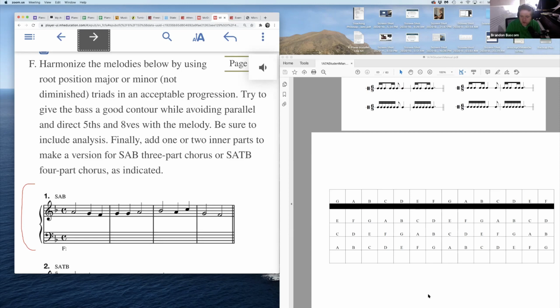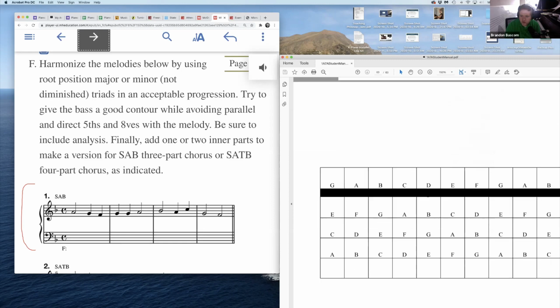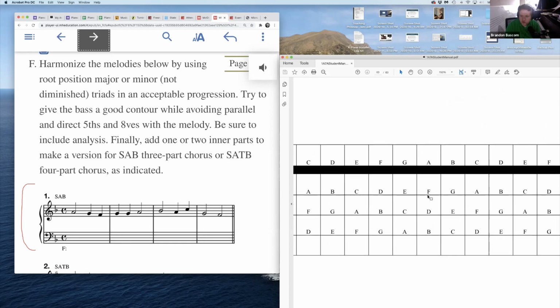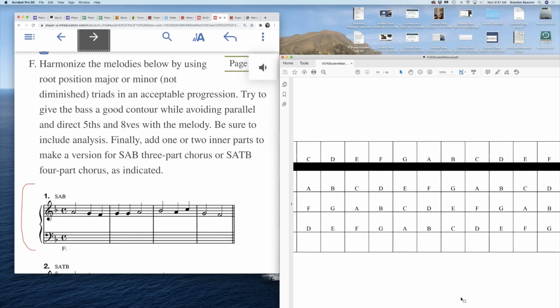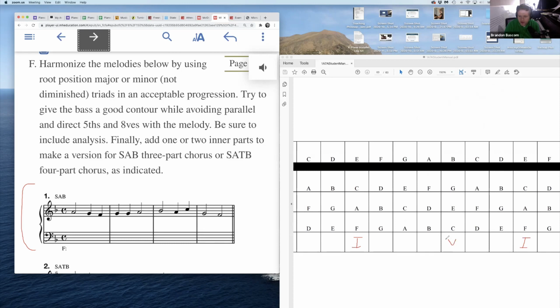Is this true? Yeah, I see it. All right, so we are in F major, so that means F is going to be my 1 chord. C is going to be my 5. B flat is going to be my 4.